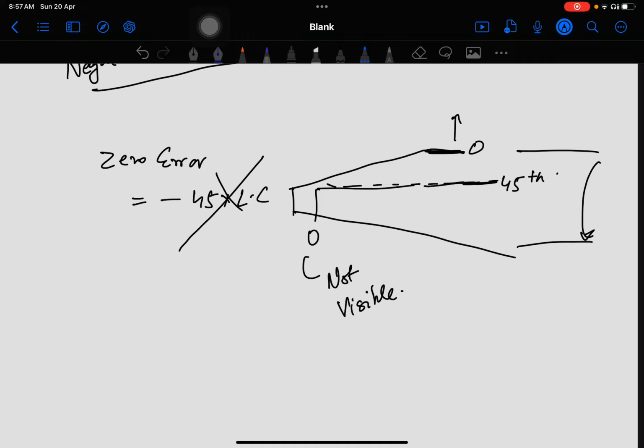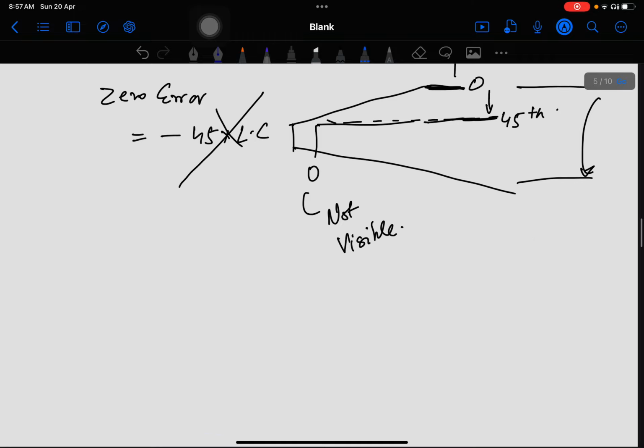Will it go up or will the 0 go down? Yes, it actually goes down. So as it goes down, this particular 0 of the main scale will now be visible, right? So now you have actually created some space over here, right? How much was the space that you created over here?